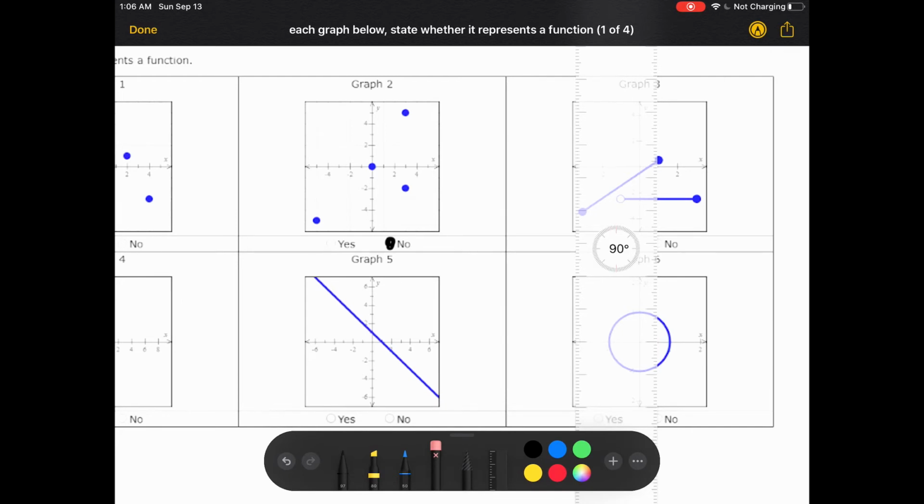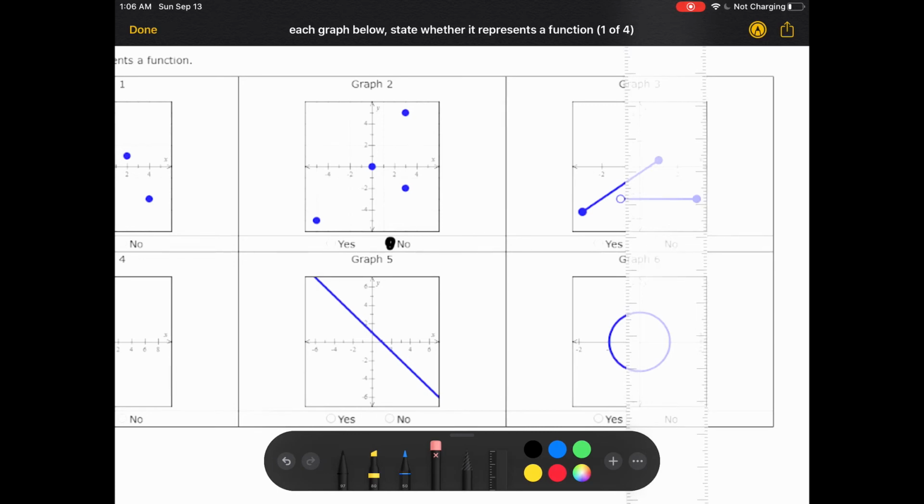Anyway, I'm going to go through this one. This one's a little more difficult because it's more than just points. Here we go. I'm going to take my ruler over. No point is hit twice. Now, if I have an open dot and a line, technically, up to this point, this is still a function, because that open dot says everything except that point.